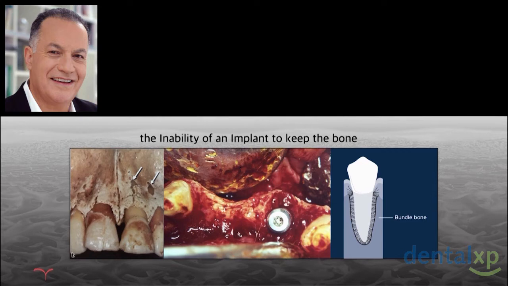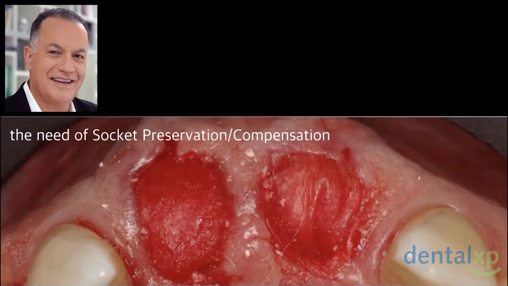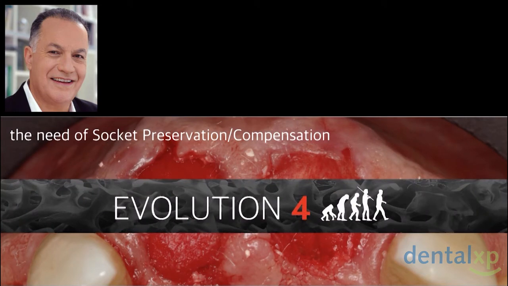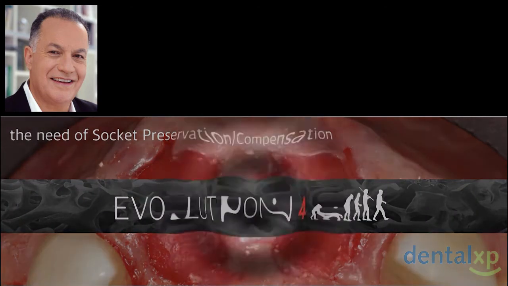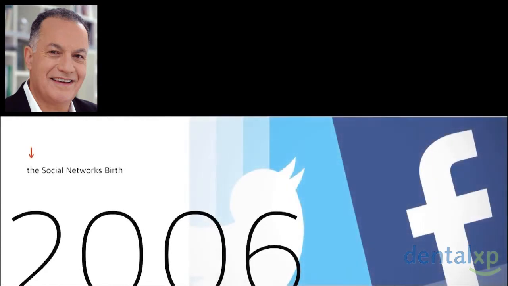This particular bone is very weak and is going to disappear after a few weeks. We see the inability of any implant to keep the bone, and we call it the unavoidable bone resorption after an extraction. It brings us to understand that in all cases we need a socket preservation or a socket compensation, as they call it. It was the fourth evolution.